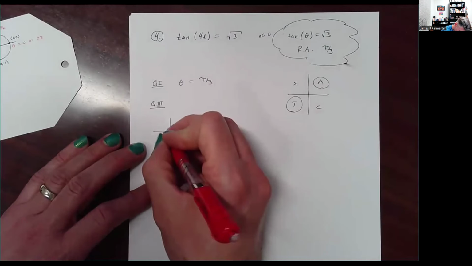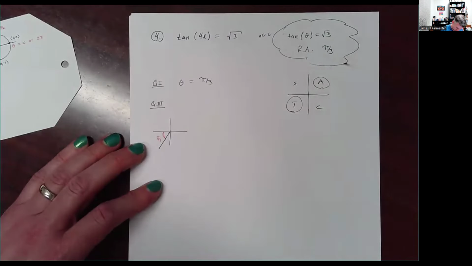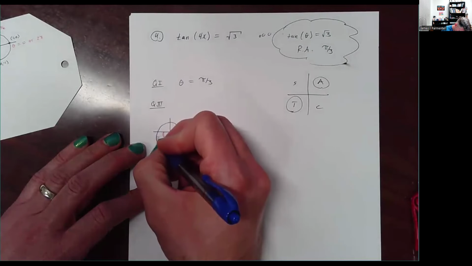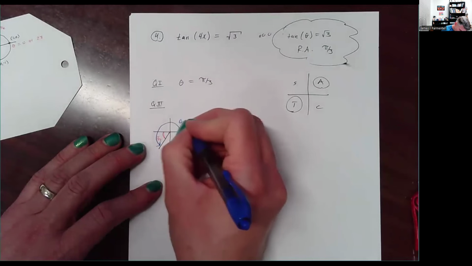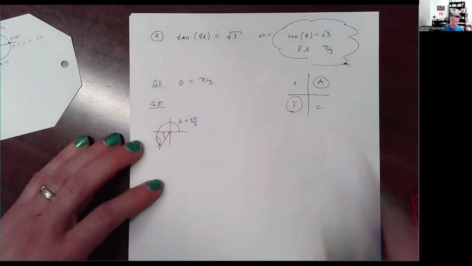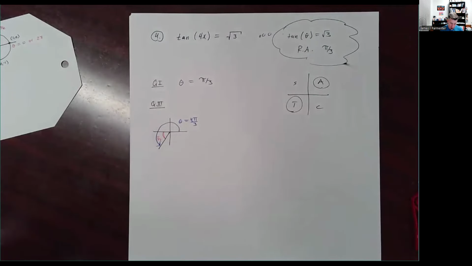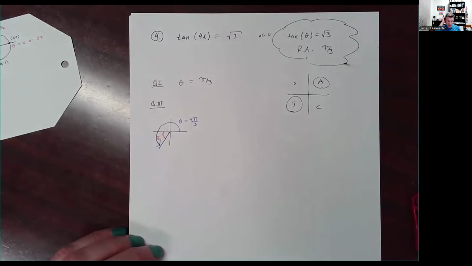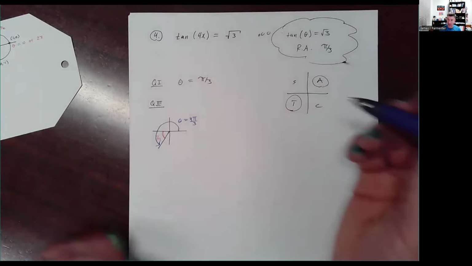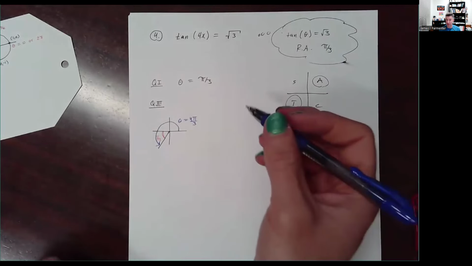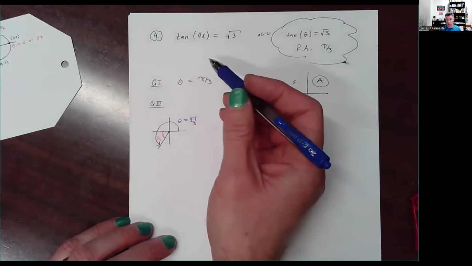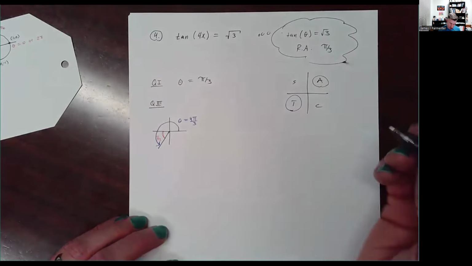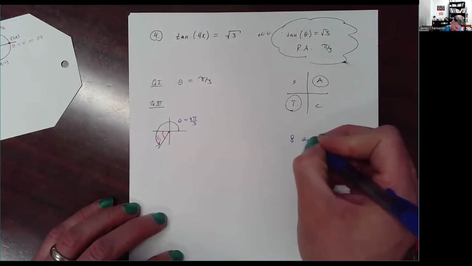So the actual angle is going to be pi plus pi over 3. Cool. But that's not what x is. That's what theta is. So if I was just solving tangent of theta equal to root 3, I would normally get 2 answers. But since I'm solving tangent of 4x equal to root 3, I should get 4 times 2. I should be expecting 8 different answers.